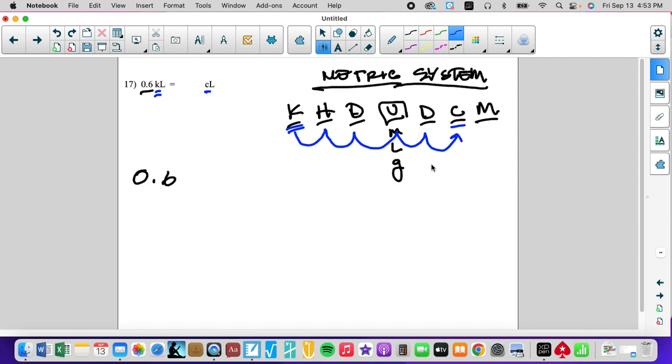So we go 5 spaces to the right. Let's take this decimal point and move it 1, 2, 3, 4, 5 spaces to the right, and add zeros in there. And our answer is going to be 60,000 centiliters.